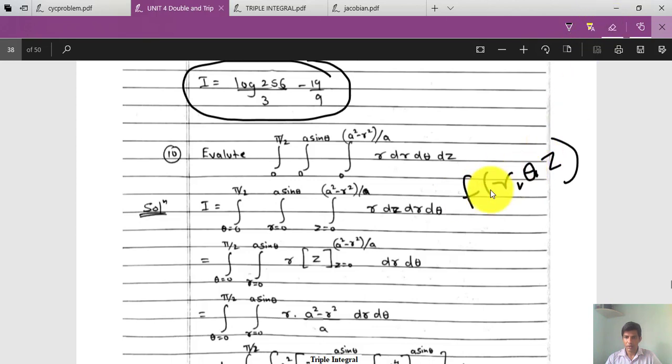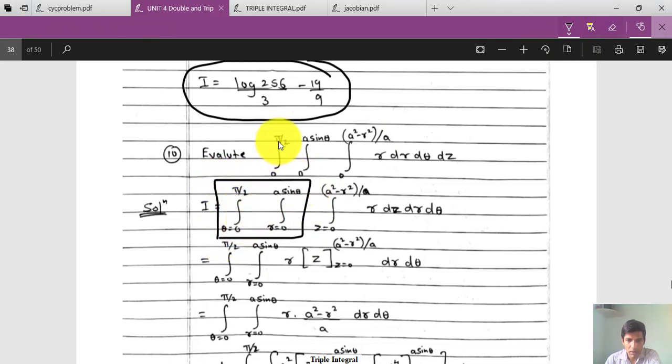Okay, now over the limit, what are the limit values? That is 0 to (a square minus r square) divided by a, and 0 to a sine theta, and 0 to pi by 2. Now how do we tell which coordinate, which axis each limit belongs to? If you had paid attention in the double integral, the limit 0 to pi by 2 will obviously be theta.